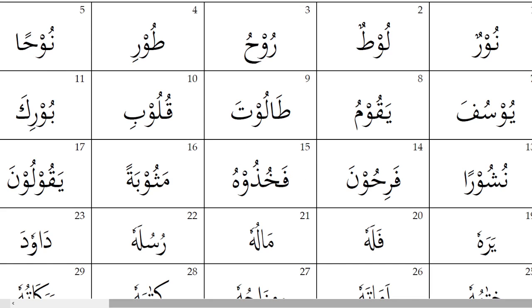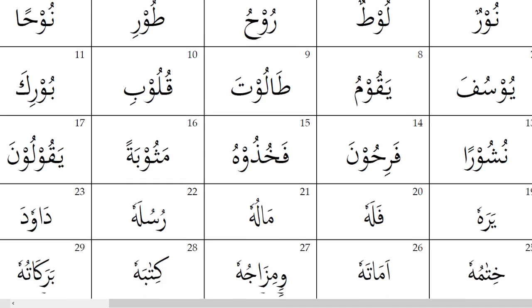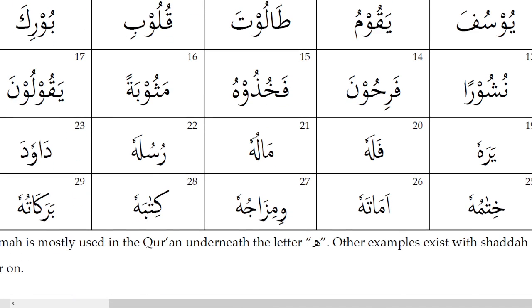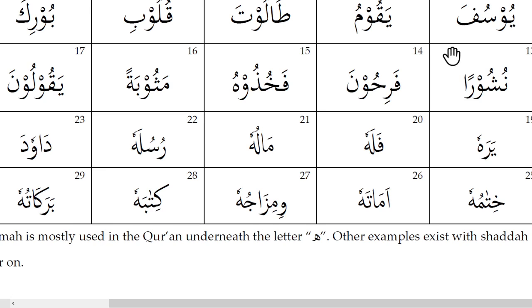Okay. And then number 19, some practice for all of us as well. Now this time with the madda dhamma. Remember, the madda dhamma looks like an inverted dhamma. This example here, number 27, is very good. You can see that on top of this jim, there is a dhamma.